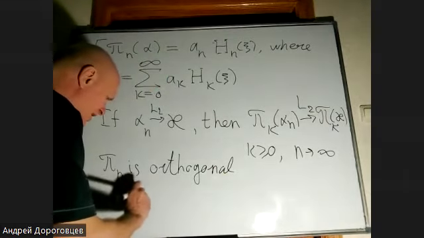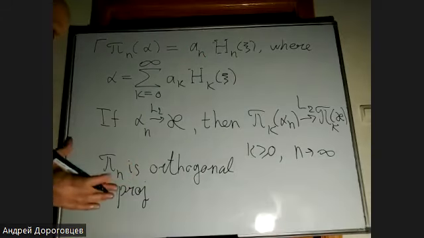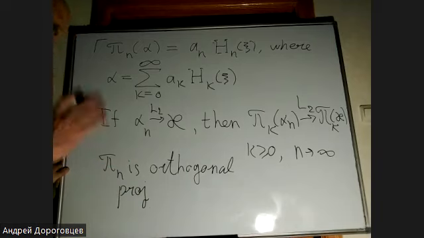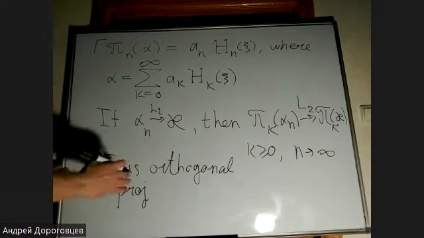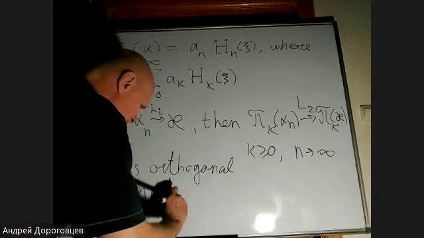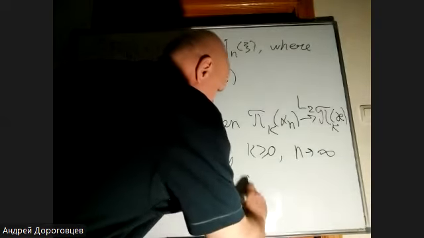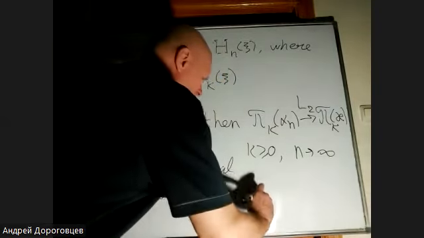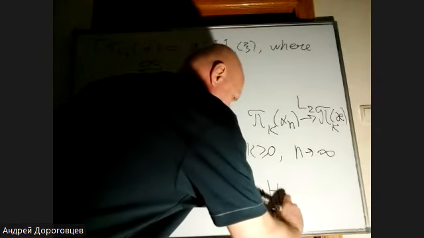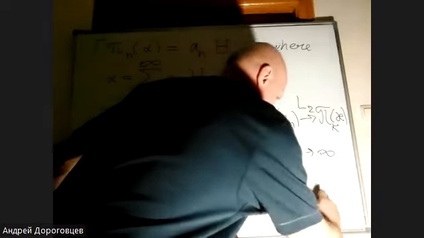In the future, I will not say orthogonal because we are working in a Hilbert space, and it is natural to take namely orthogonal projection. So I will say just projection onto the following subspace, spanned by h_n(ψ).